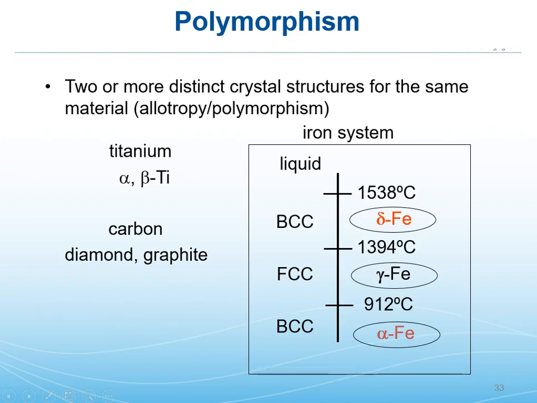And here is a sort of a 1D phase diagram showing the 3 different phase forms of iron at 1 atmosphere of pressure. Going from the liquid cooling, we get onset of solidification at 1538 C, and we solidify as a BCC structure called delta iron that will transform from body-centered cubic to face-centered cubic at 1394 degrees C, and then to another body-centered cubic, not with the same lattice parameter, at 912, and that's for pure iron.